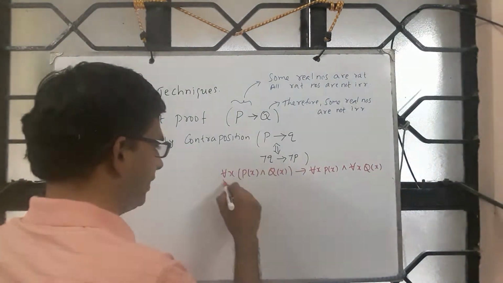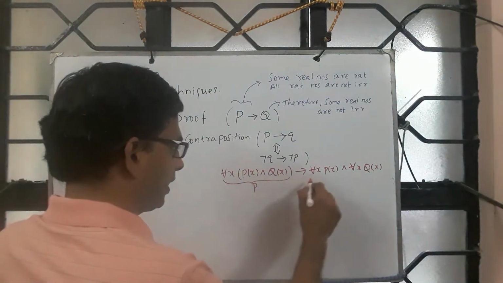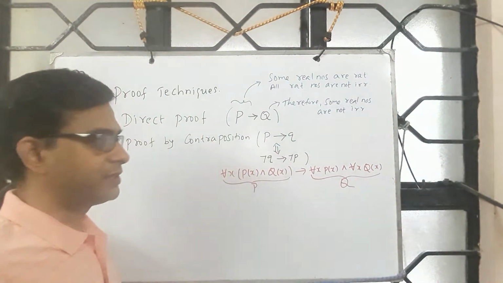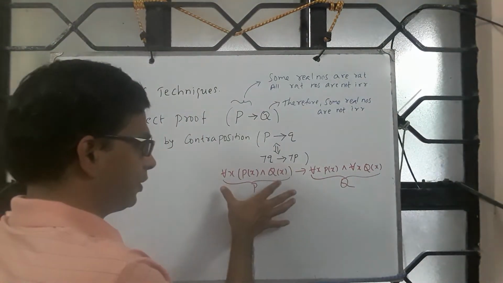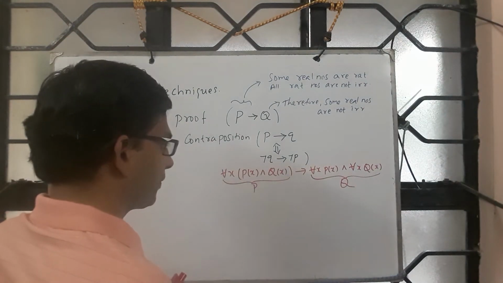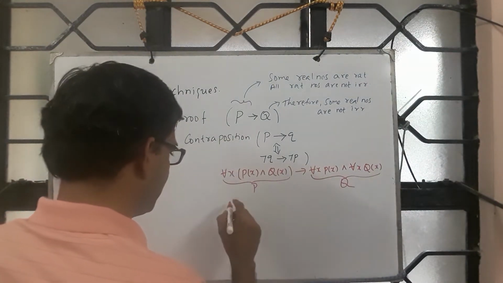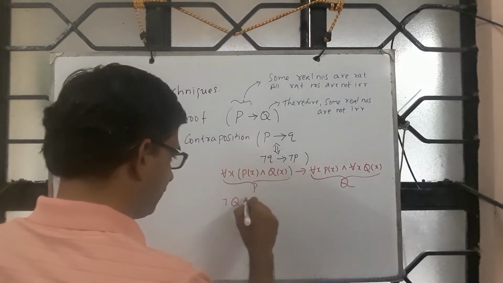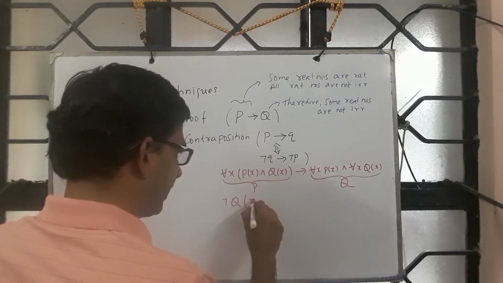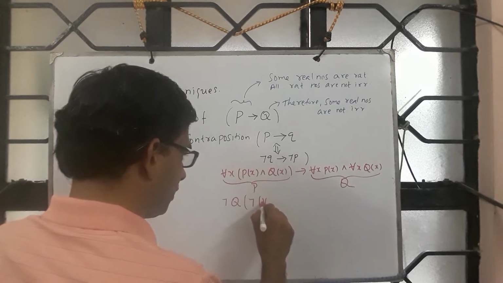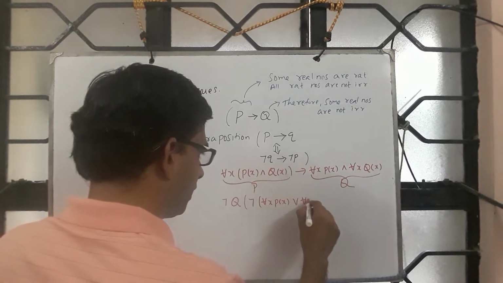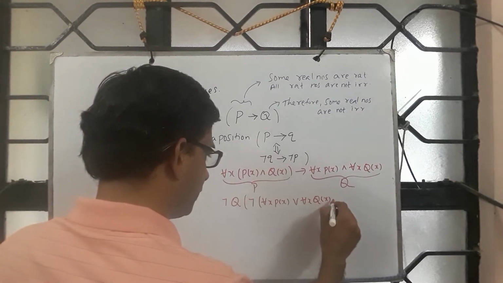So this is my P and this is our Q. So what it says is, to prove this, you can also take negation Q, which is negation of for all x P x and for all x Q x.